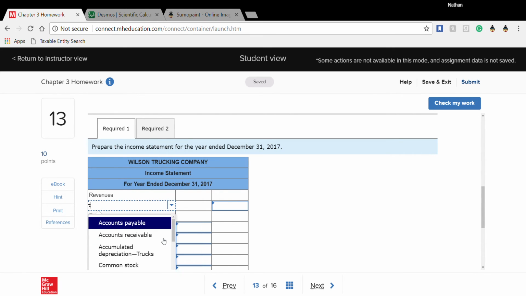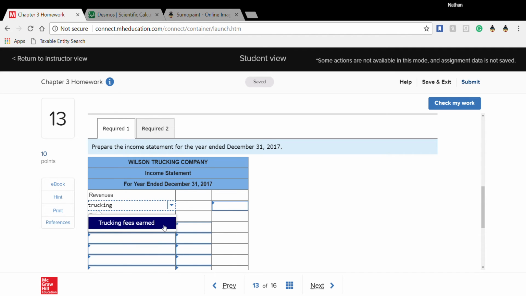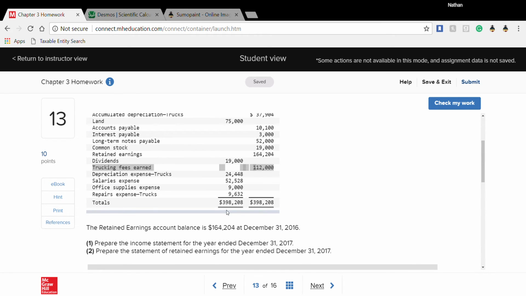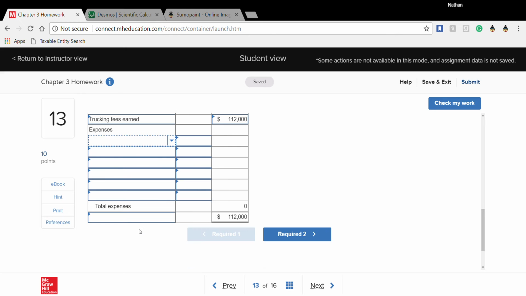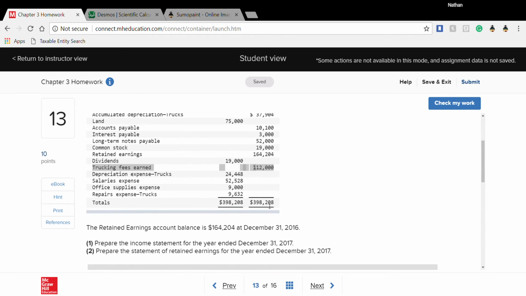So I'm just going to list trucking fees earned, and it's 112,000. Just like in chapter 1, we're going to do the same thing. We're going to put in our expenses.